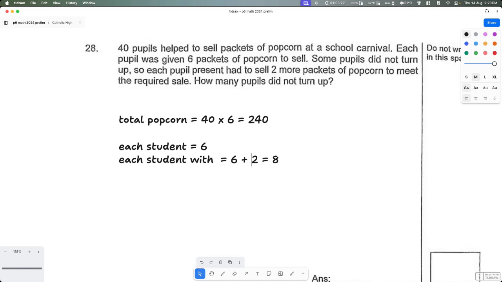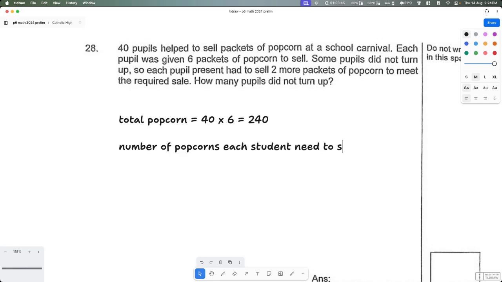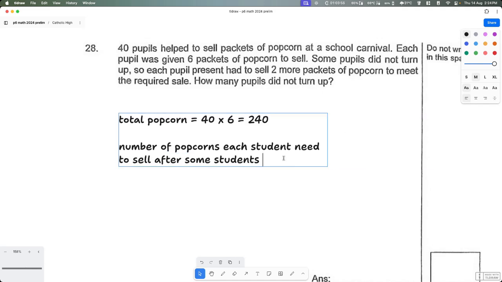So at first, the number of popcorn each student needed to sell, after some students did not turn up, is basically 6 plus 2, which is equal to 8.